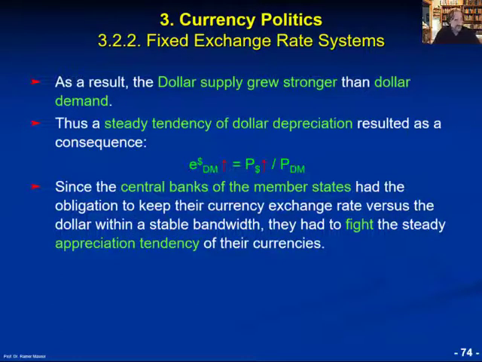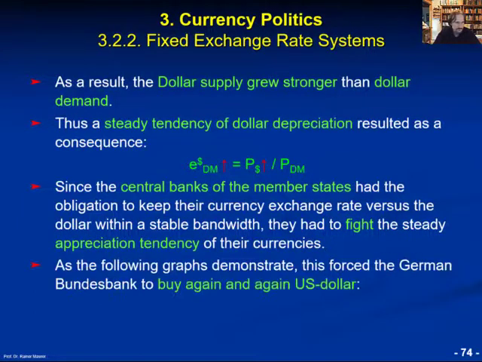Since the central banks of the member states had the obligation to keep their currency exchange rate versus the dollar within a stable bandwidth, they had to fight this steady appreciation tendency of their own currencies. As the following graphs demonstrate, this forced, for example, the German Bundesbank to buy again and again United States dollar.